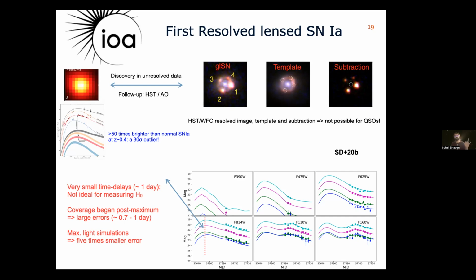So we got multi-band imaging in multiple epochs for the supernova. It's an extremely small time delay because it's a very symmetric configuration. So it's not an ideal case for measuring H0. But with the multi-band imaging, we can constrain a lot of properties of both the supernova as well as the intervening material in the host and the lens galaxy.